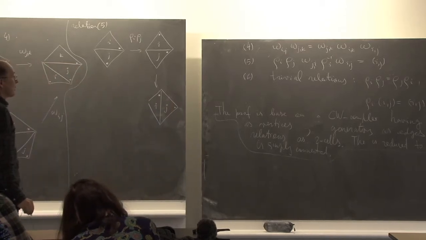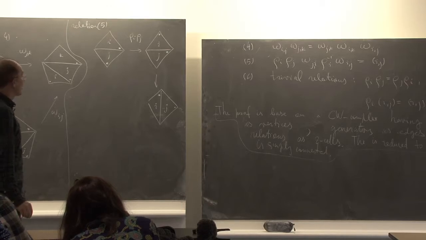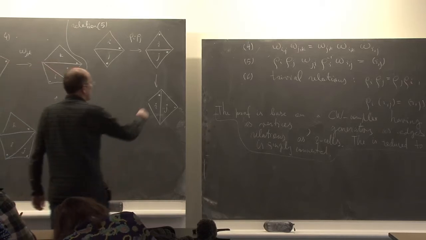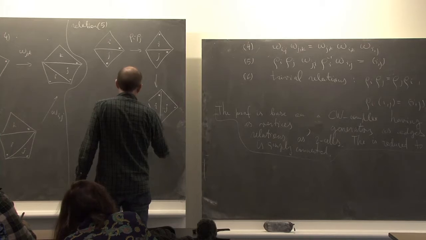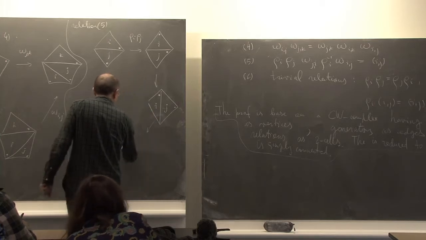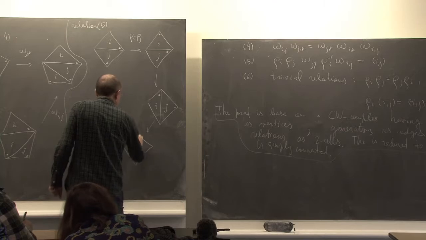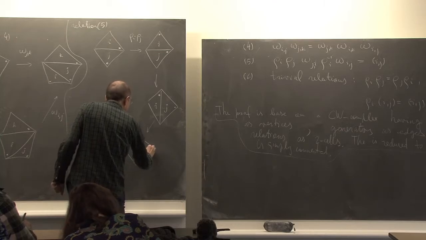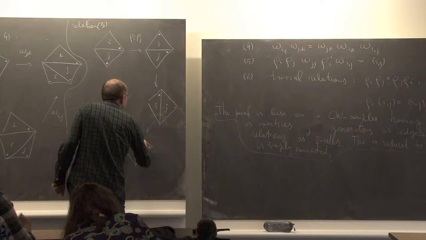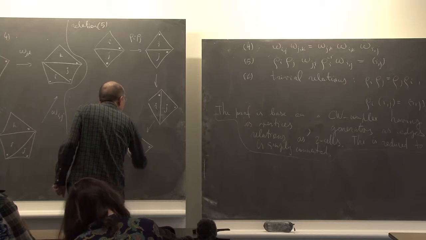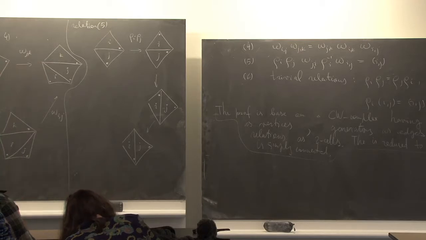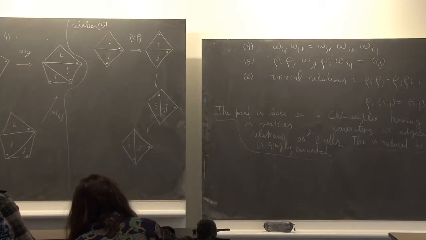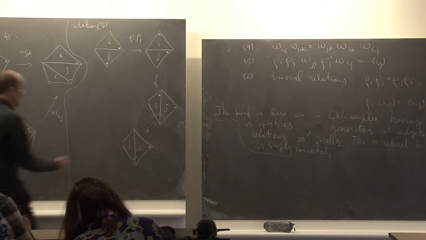And now we should apply inverse of rho I. So we should move the marked corner clockwise in I's triangle. We get to here. And we remark that we are exactly in a position to be able to apply the move omega ij.